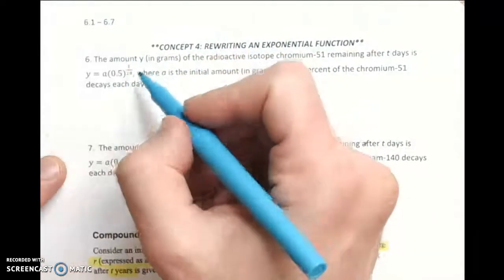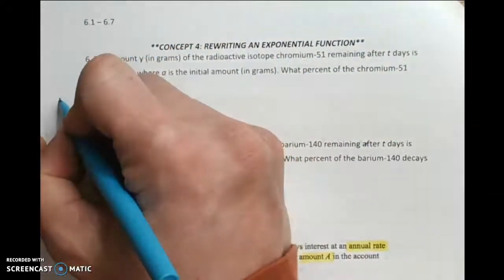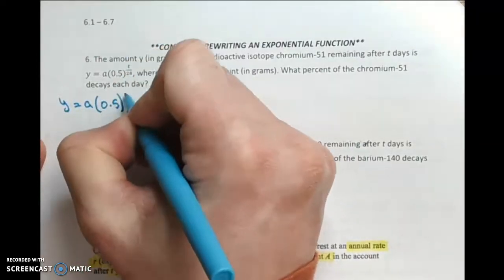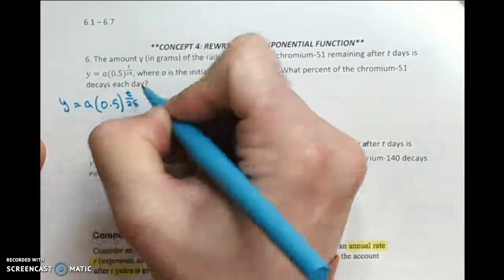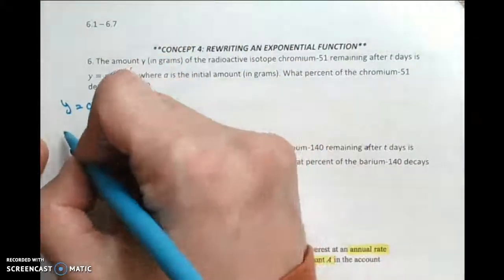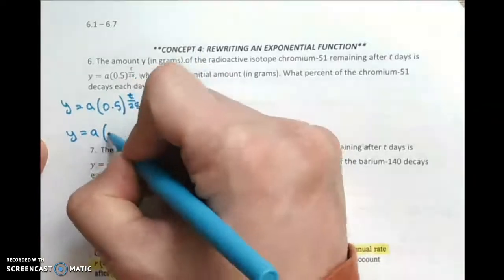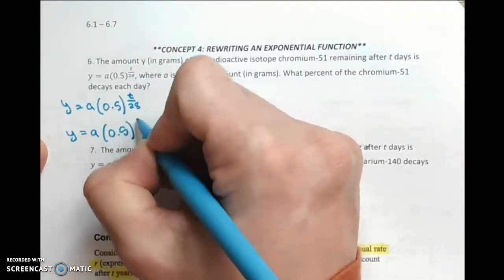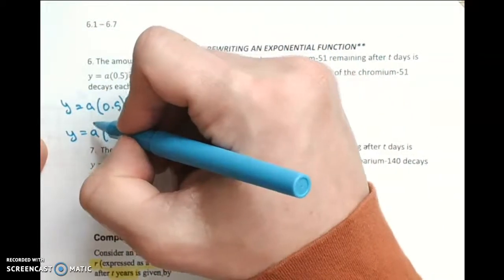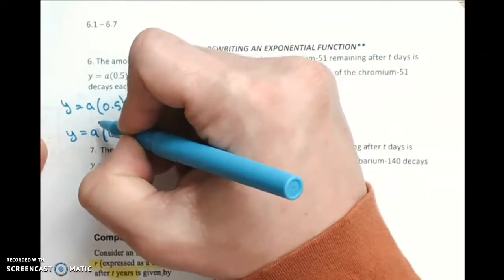So here is our equation. Let's take this and manipulate this equation. Alright, if I take this equation, now I can pull out the t. If I do this, y equals a times 1/2 to the 1/28th power, all that to the t power.